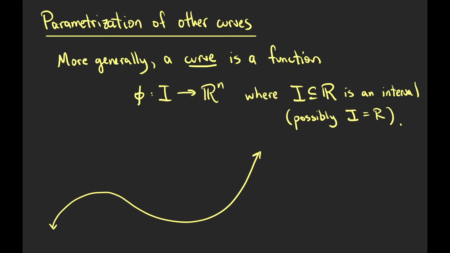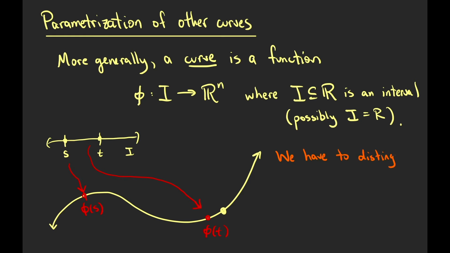We typically think about curves as looking like this. And here, this is just the image of our phi. Our phi is taking points in the interval and spitting out points on this curve. If you take two different inputs, t and s, you'll get two different outputs. As you slowly vary the input parameter, you trace out the curve.